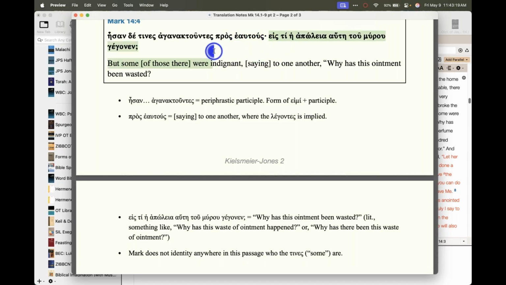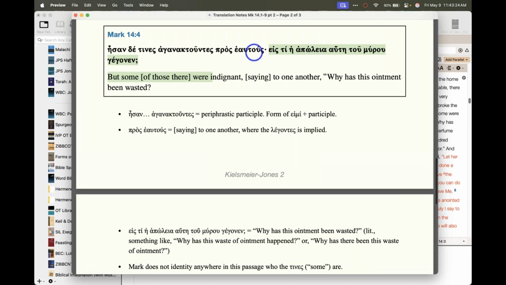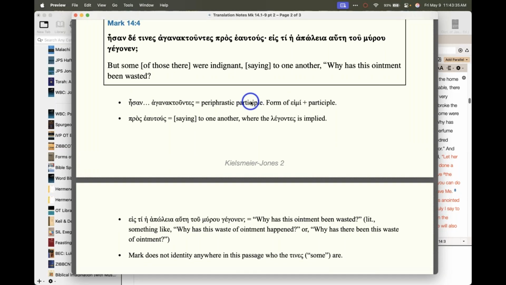I'll just say this and then I'm ready to move on to verse 5, or to take questions. This is eis ti he apoleia haute tou myrou gegonen. It is literally something like, why has this waste of ointment happened?